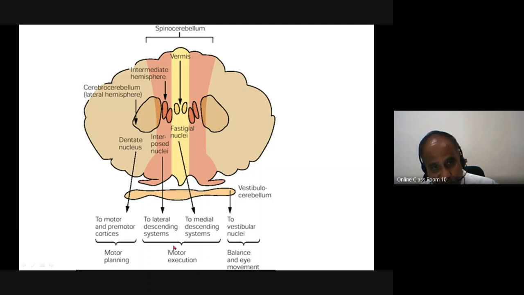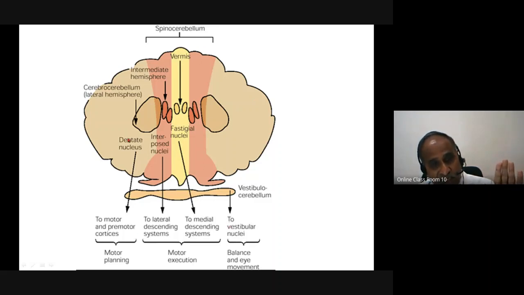Now, the dentate nucleus is connected with the cerebral cortex. So this would be for planning, programming, sequencing, and the cognitive components of the cerebellum. This is broadly about the various cerebellar nuclei and their functions.